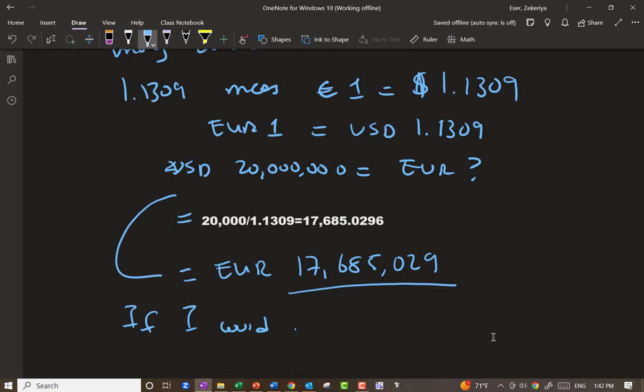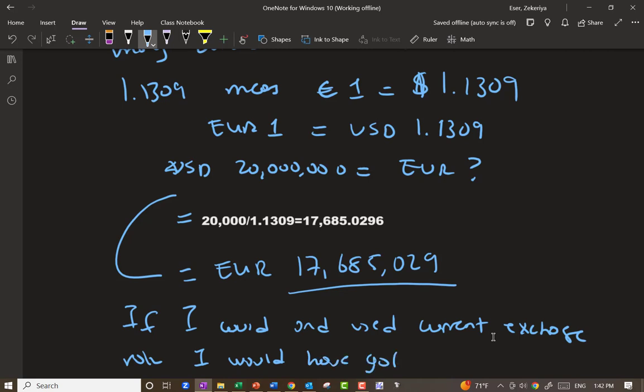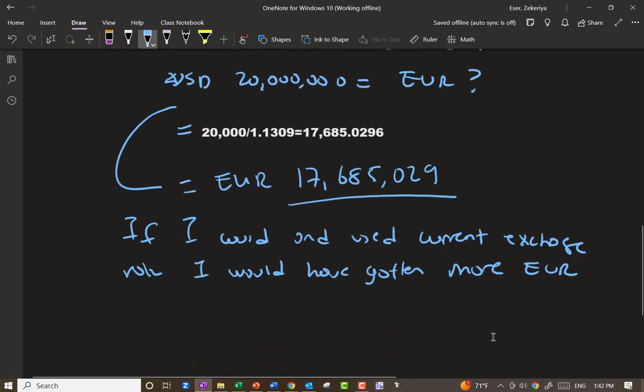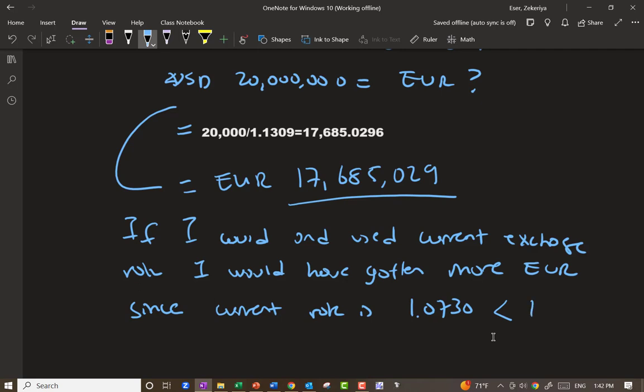If I could use the current exchange rate, I would have gotten more euros, since the current rate is 1.0730, which is obviously less than 1.1309. Since I'm dividing by that exchange rate, that would get me more.